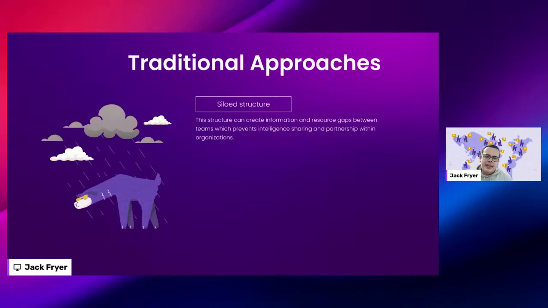You may have a network security team, an endpoint security team, and an incident response team. But this structure has created information and resource gaps between teams, which prevents intelligence sharing not only internally, but also with other organizations, which has been quite limited.